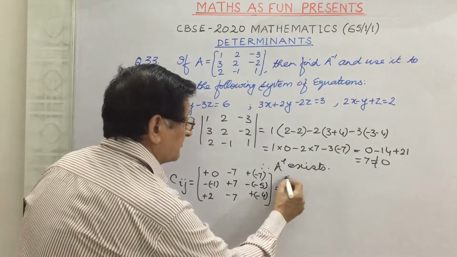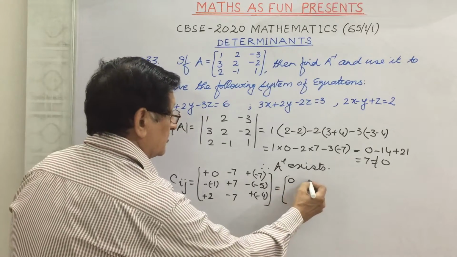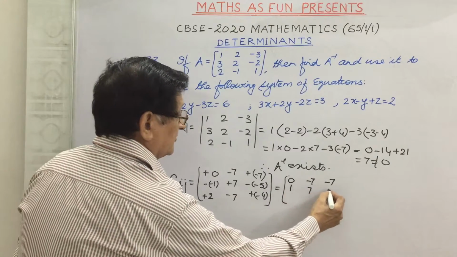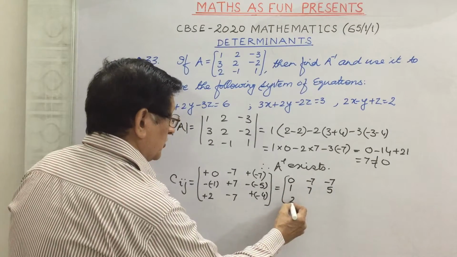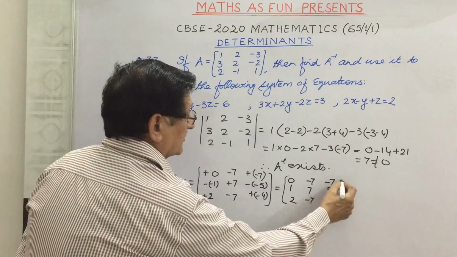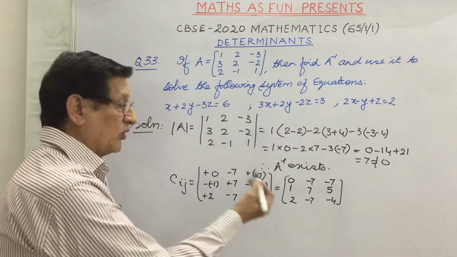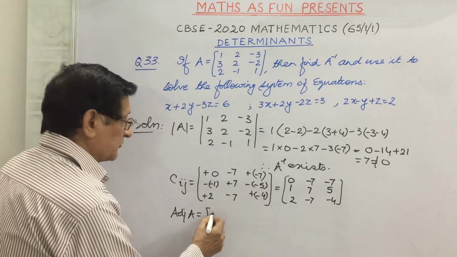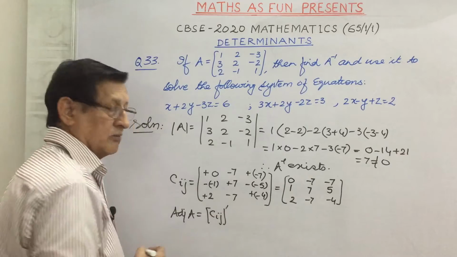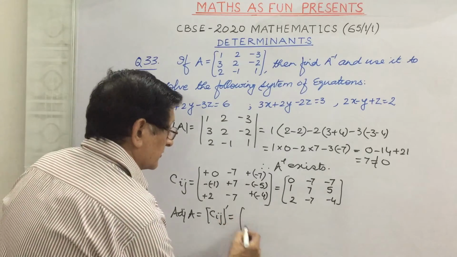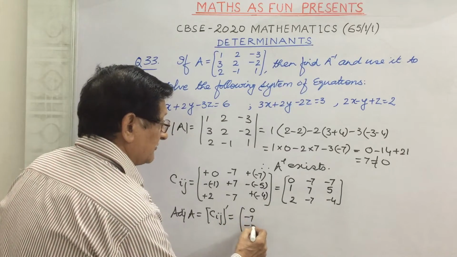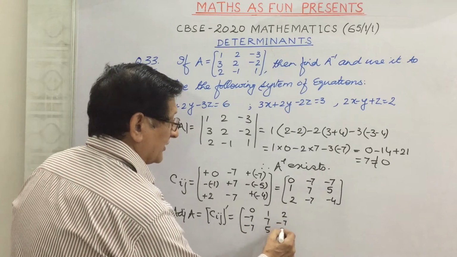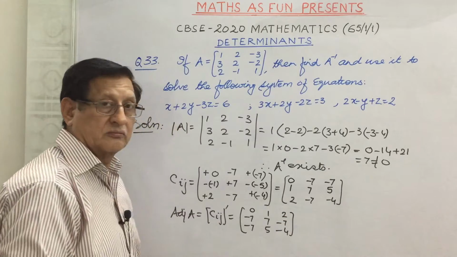And when we write in the simplified form, this comes as 0, minus 7, minus 7, 1, 7, 5, 2, minus 7, minus 4. And we know what is adjoint A. Adjoint A is the transpose of Cij. So we write it here, that is 0, minus 7, minus 7, 1, 7, 5, 2, minus 7, minus 4.